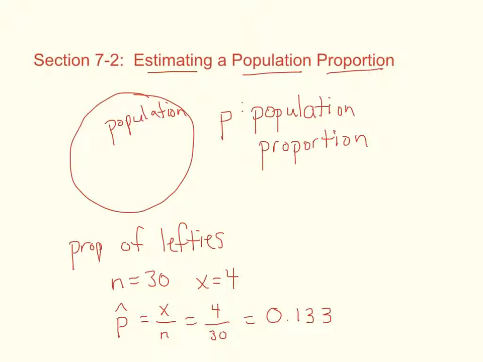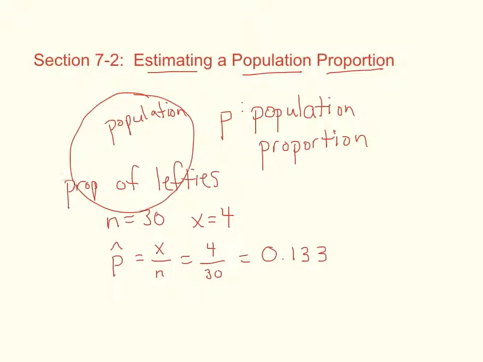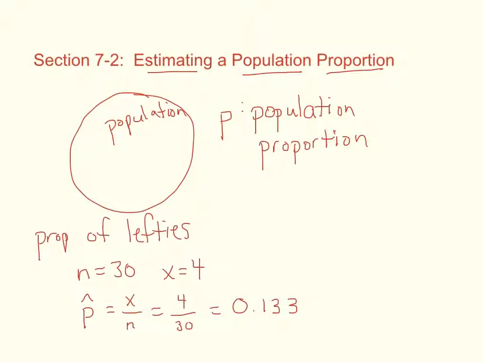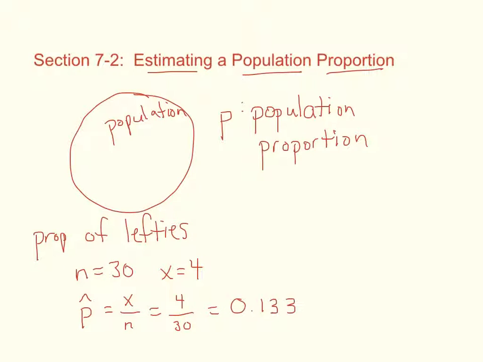Now the other thing we can say here is, if our proportion of lefties is 0.0133, we call this a point estimate. Oftentimes that point estimate might be a good point estimate, it might be a bad point estimate.